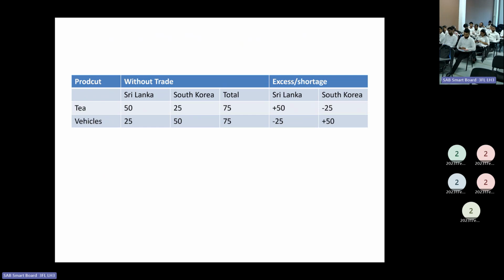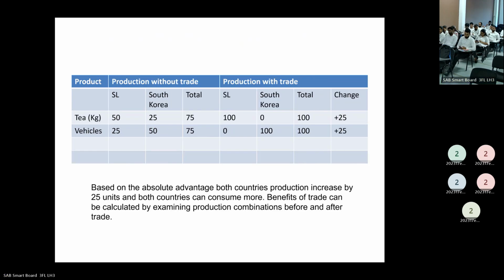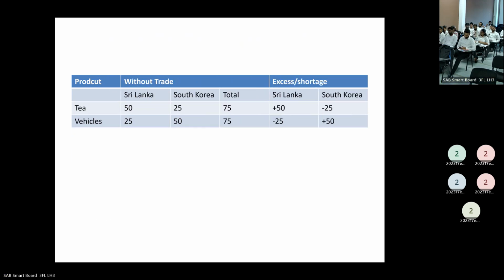Sri Lanka increased tea production from 50 to 100, a change of plus 25 in the specialization, and reduced the vehicle production by 25. When it comes to South Korea, they reduced the tea production by 25.